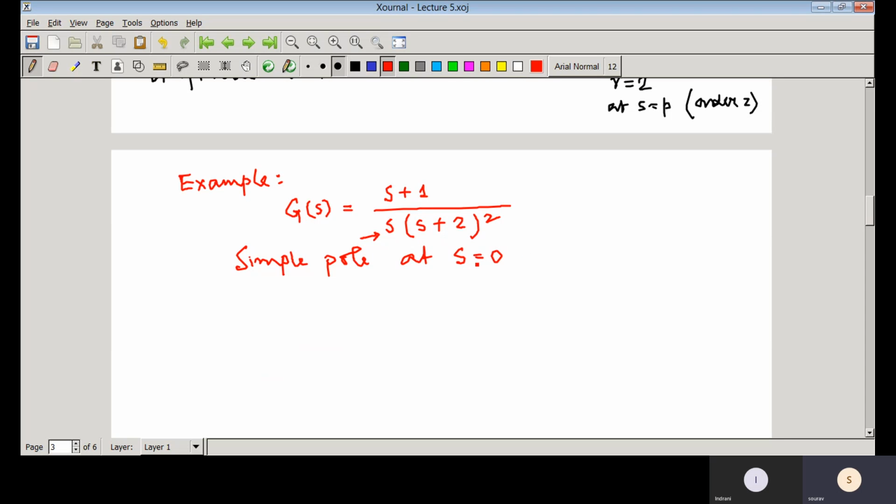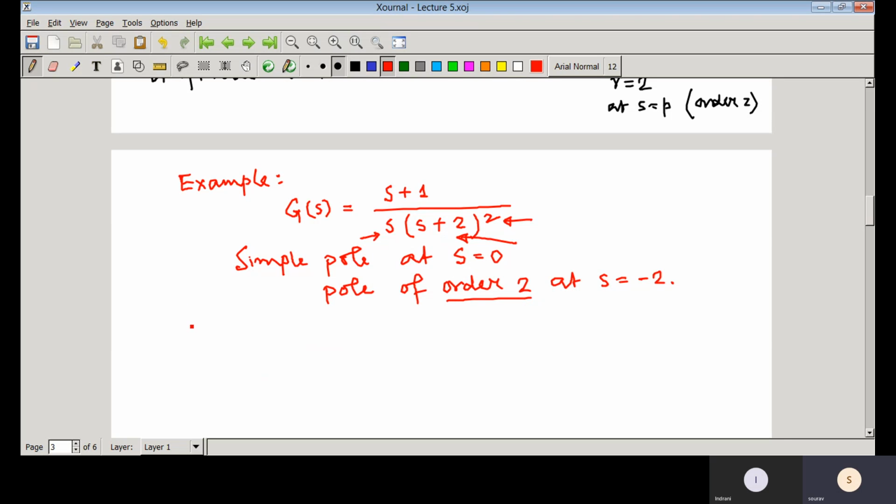So you have a simple pole at s equal to 0 and a pole of order 2 at s equal to -2. That means if you put s equal to -2, G(s) would be infinite, and as the order is 2, that's why it is order 2.